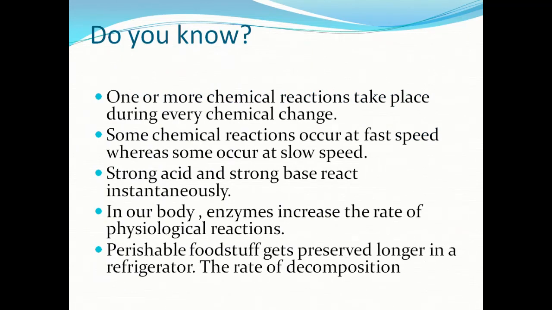Now next, do you know? Our book has the extra points of do you know. First, one or more chemical reactions take place during every chemical change. Second, some chemical reactions occur at fast speed, whereas some occur at slow speed.